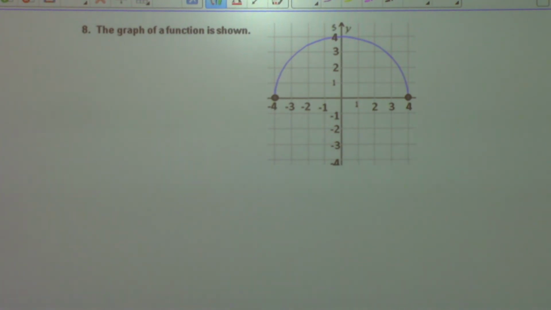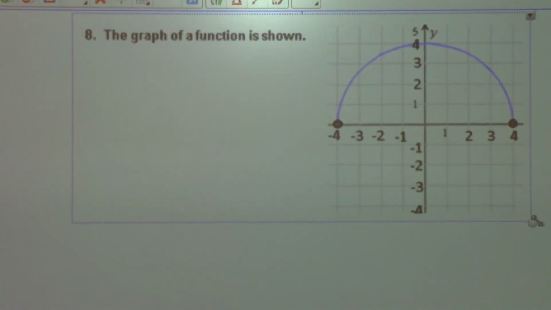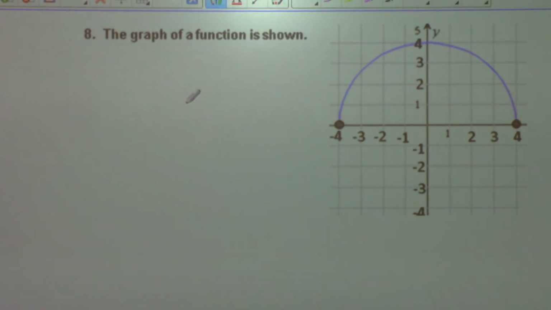Here we have, this one here is quite a bit different, isn't it? So our domain for this one, this is a semicircle. What is our domain for this one in inequality notation? Negative 4 is less than or equal to x, which is less than or equal to 4, okay.